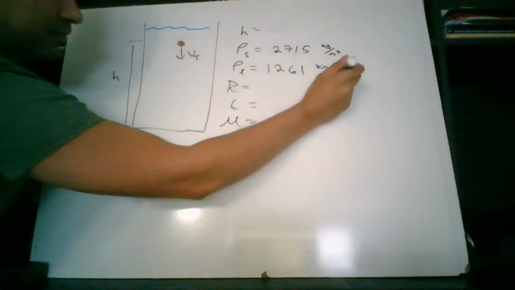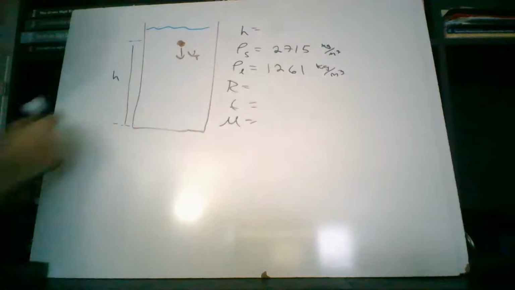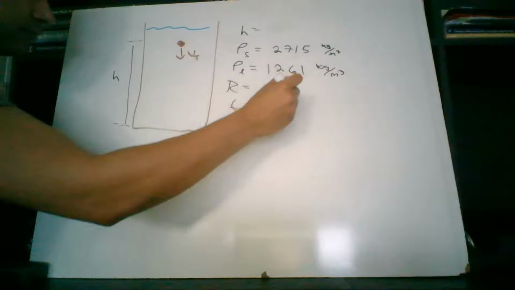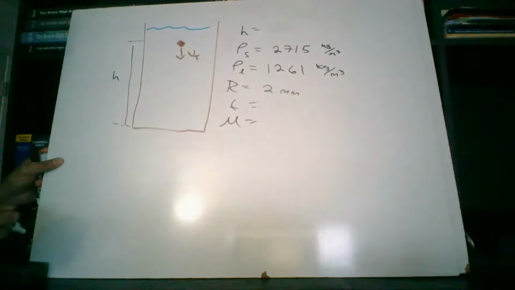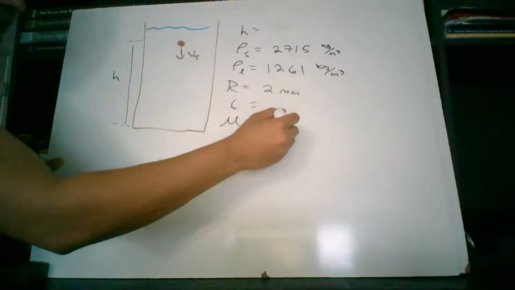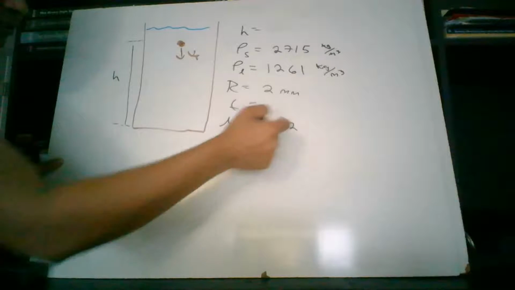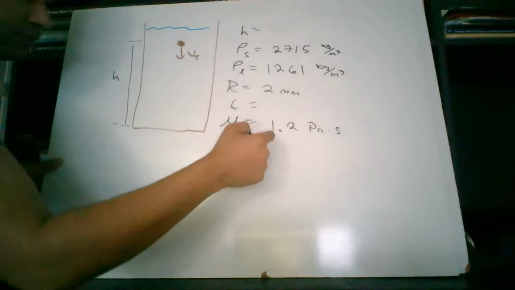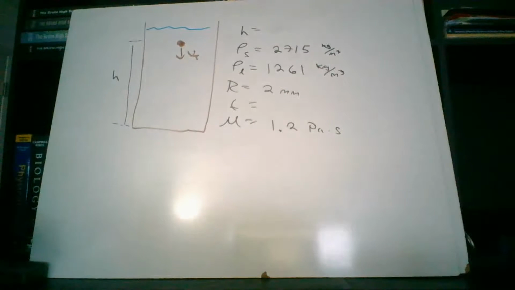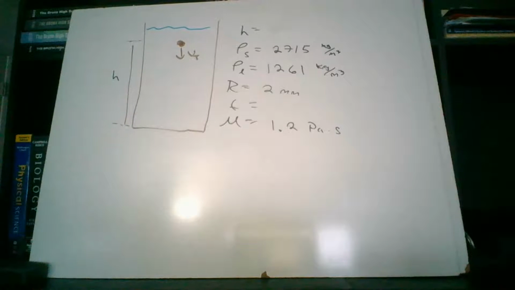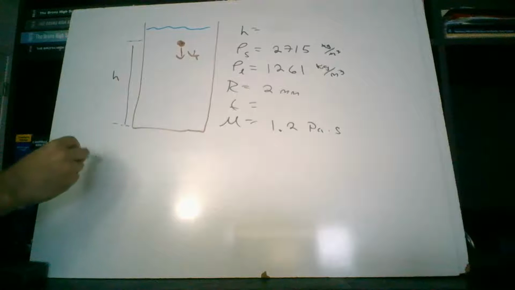Is there anything else? The radius of our object is 2 millimeters, and the coefficient of viscosity of the fluid is 1.2 Pascal seconds, so 1,200 times the viscosity of water. We want to know what the terminal speed is. How are we going to do that? We use our equation for V terminal.